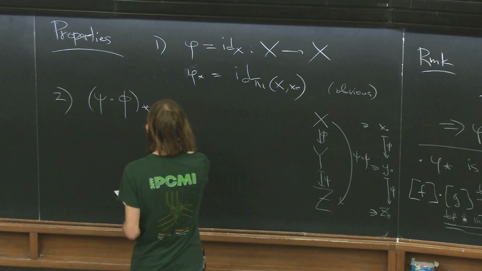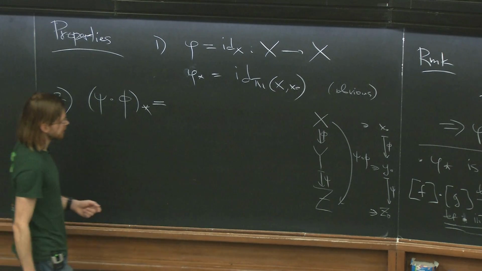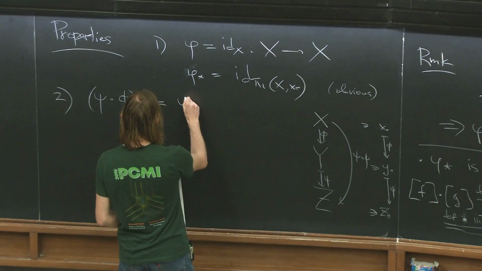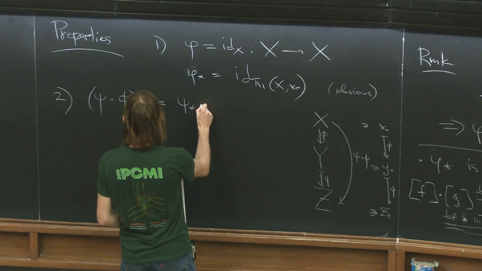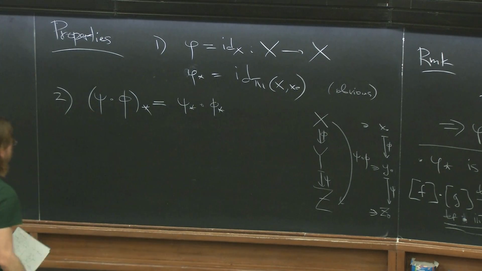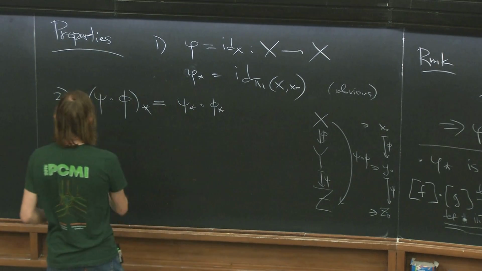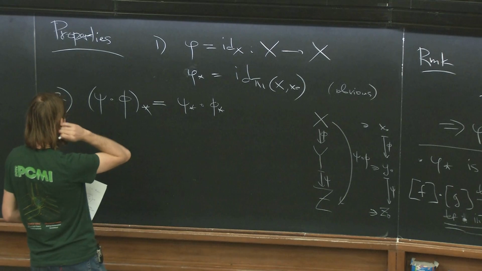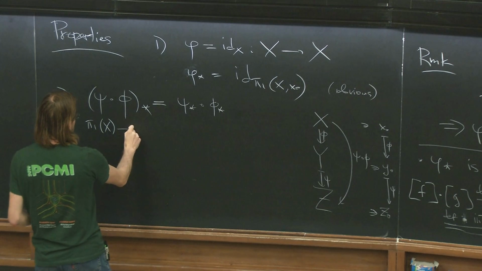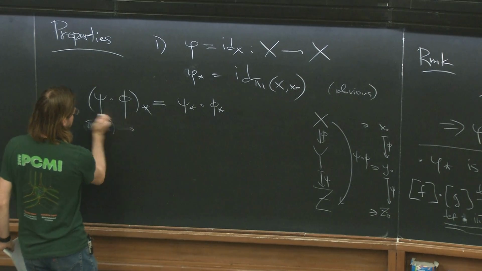And then the statement which we want to make is that the push forward of the composition is equal to the composition of push forwards. So this is a map which goes directly from pi 1 of X to, well, let me write it here.